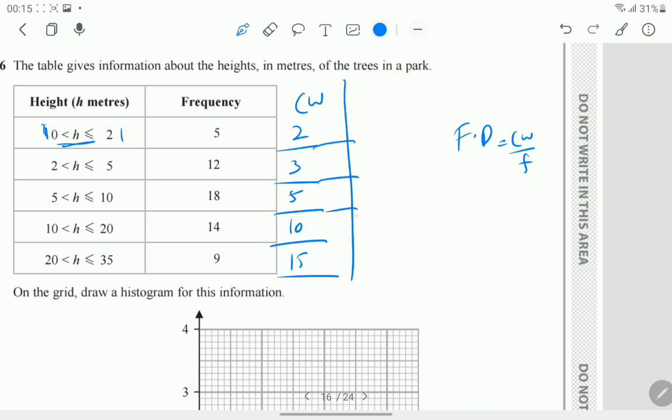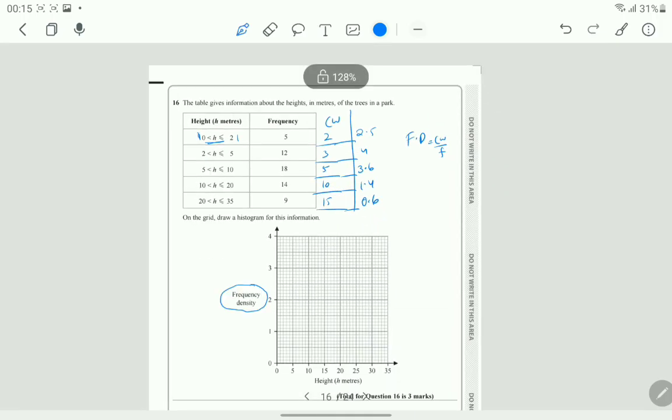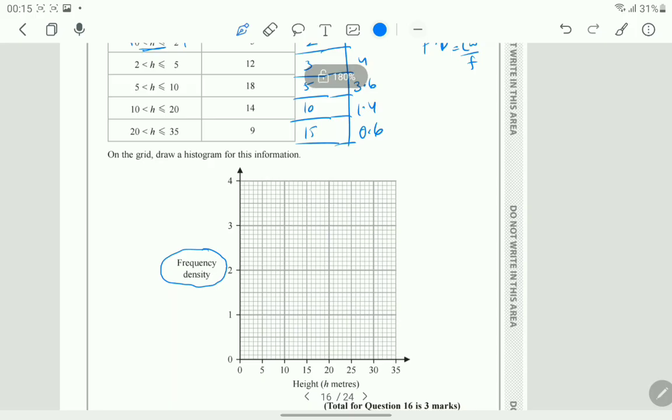Now you can calculate the frequency density. It would be 2.5, it would be 4. 18 divided by 5 is 3.6, and 1.4. 9 divided by 15 is 0.6. Let's plot these bad boys.